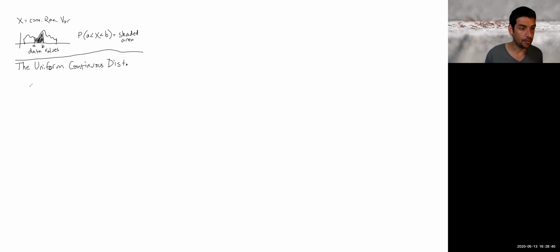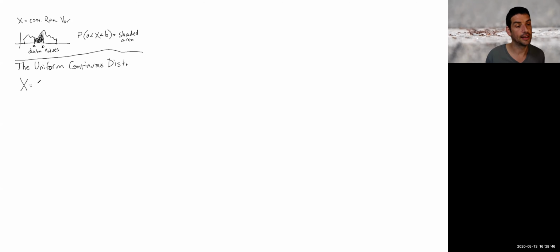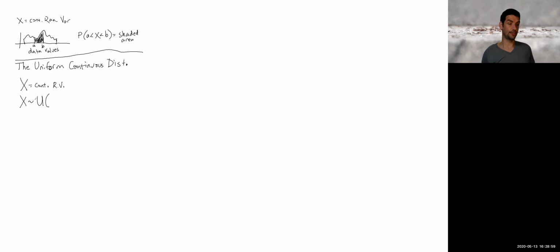So what will happen when we have a uniform distribution, okay? Well, let's say X is a continuous random variable. And what we might write is this symbol to say that X is distributed uniformly.